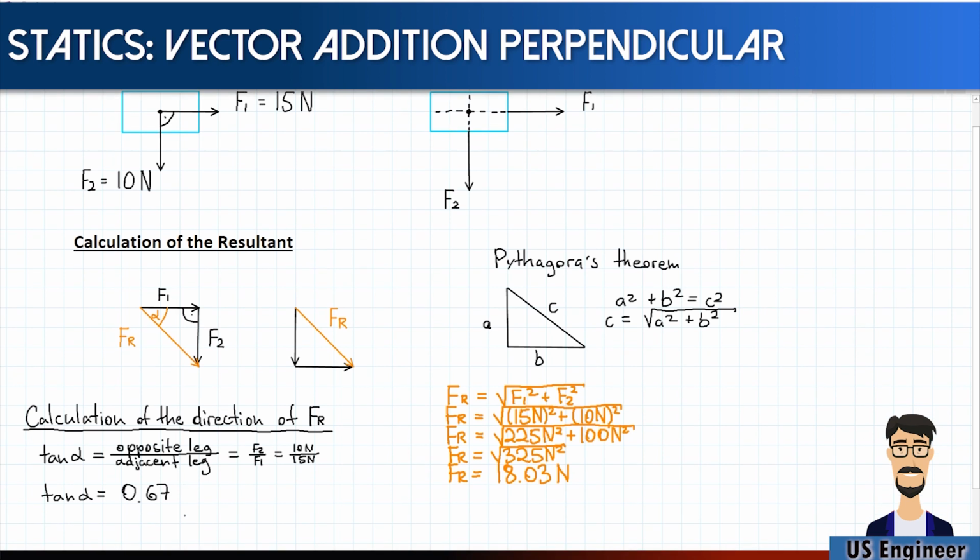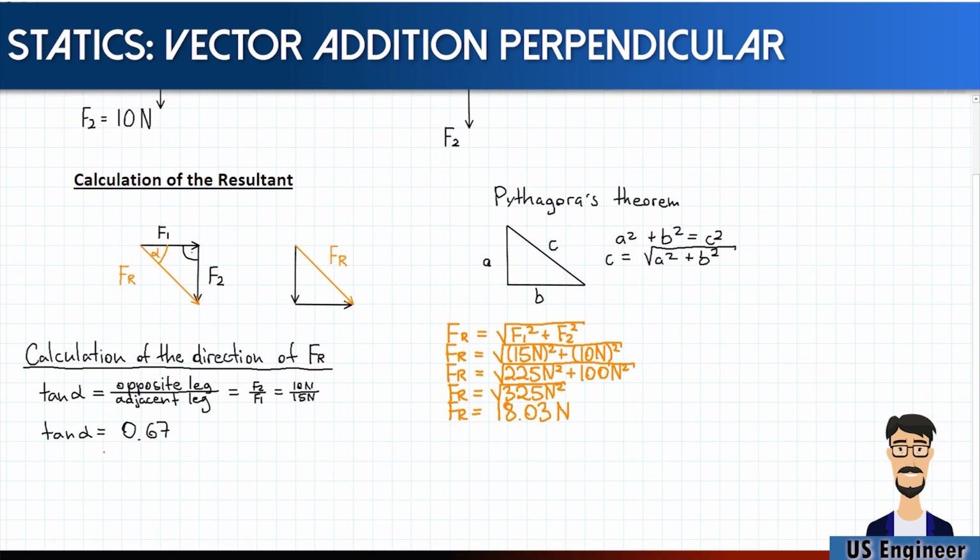Now, to calculate the angle alpha itself, we need to take the inverse tangent, and that gives us alpha is equal to the inverse tangent of 0.67, and that is equal to 33.69 degrees. So that's how you calculate the direction of the resultant. You just use the tangent.